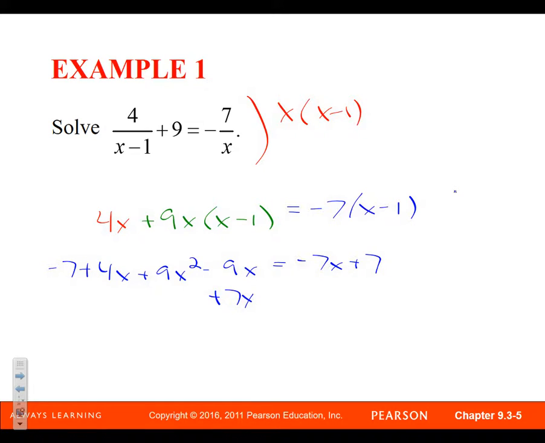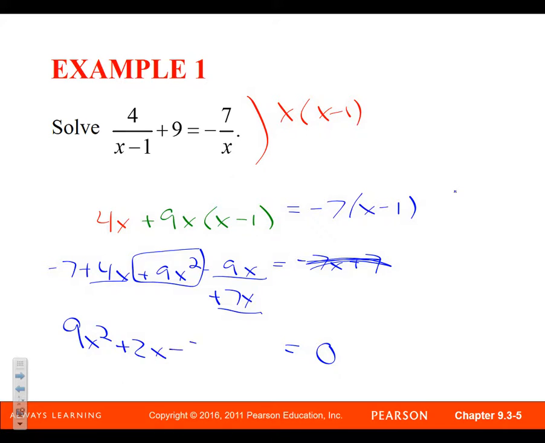And that's a positive 4. So 0 on this side is exactly what I need. Let's put these in order. Here's a 9x squared. X's, I've got 4, 11, minus 9 is a positive 2x minus the 7. So that's what I would use to throw to the quadratic equation.